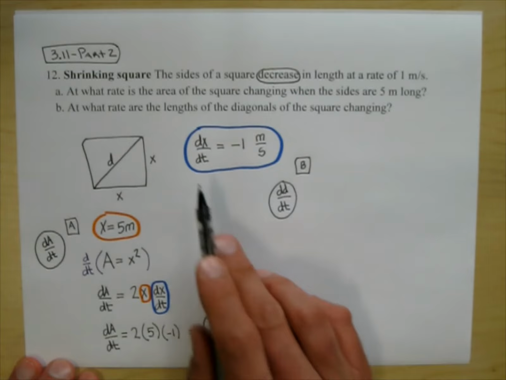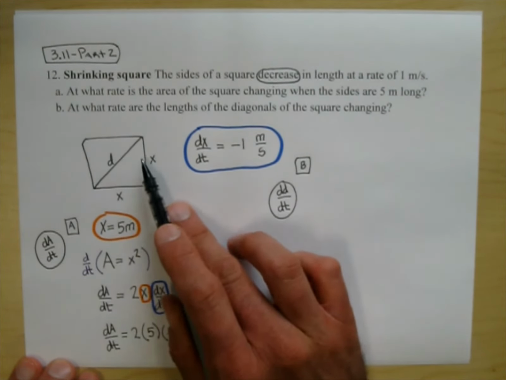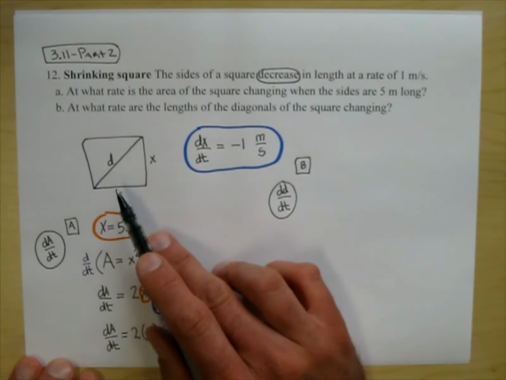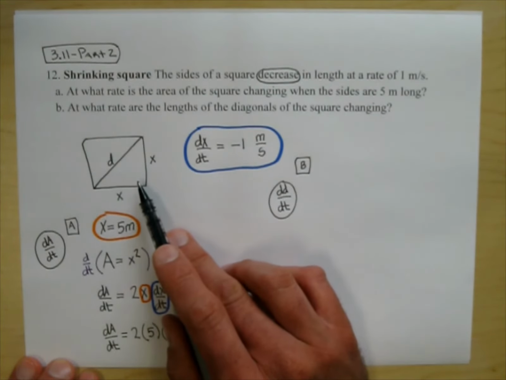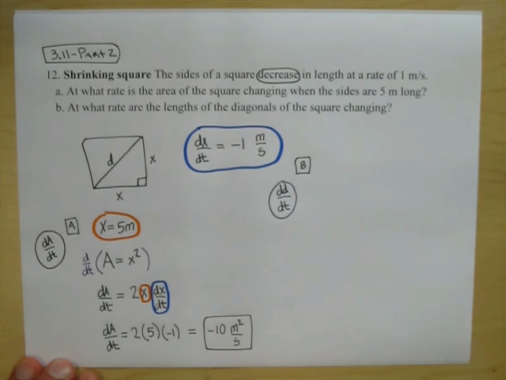Okay. So we have a diagonal, and we have an x and an x. Is there a formula that we can come up with that has an x and a d in it? So we're looking at this picture here, and maybe this will help you. That happens to be a right triangle.